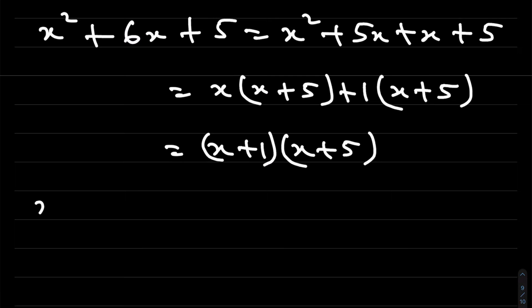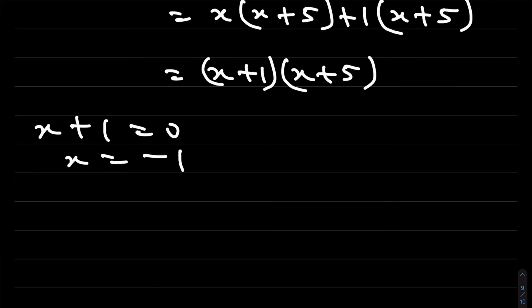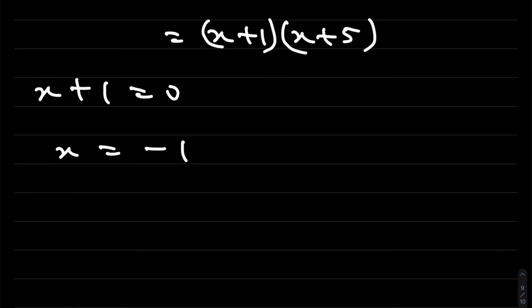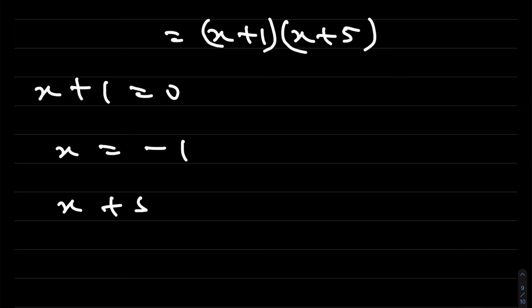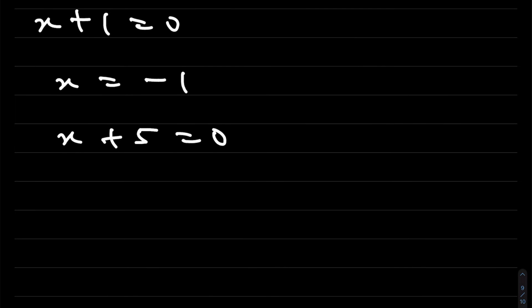To find the other roots, we just say x plus 1 equals 0, which means x equals minus 1, and x plus 5 equals 0, which means x equals minus 5.